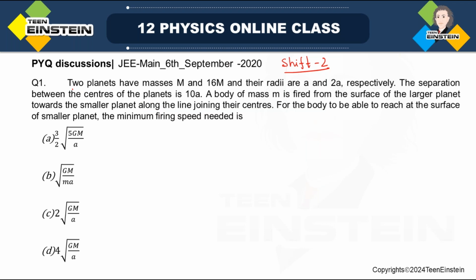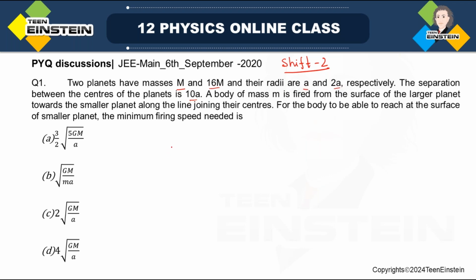The question says two planets have masses m and 16m. So one is a smaller planet, another one is a bigger planet. Their radii are a and 2a respectively. The separation between the centers of the planets is 10a.